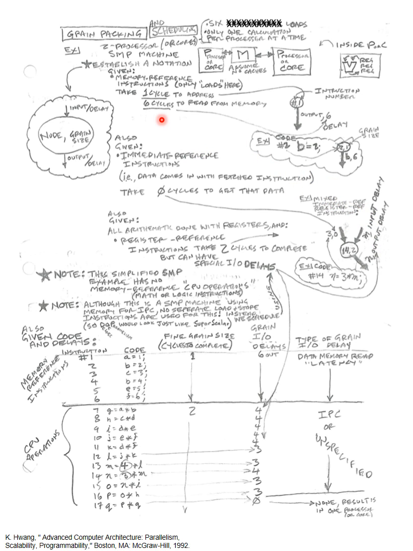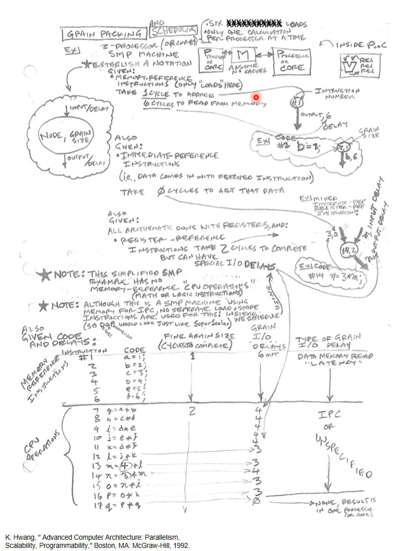Looking at the notation, reading what it says above: given a memory reference instruction, only loads here, it takes 1 cycle to address and 6 cycles to read from memory. So the notation is the 1 cycle, the address, is that 1 there.